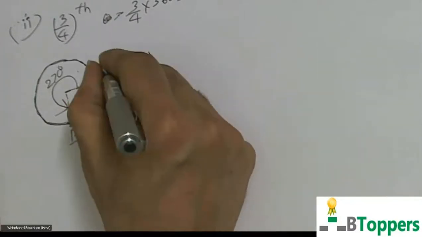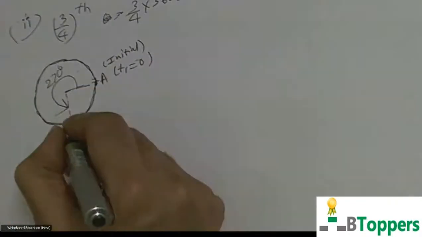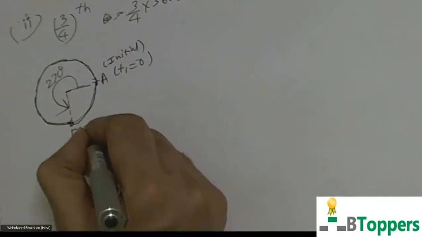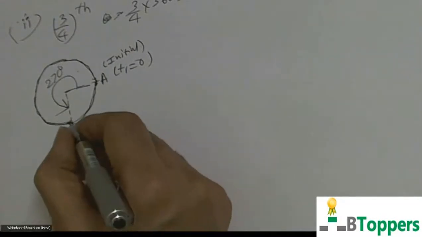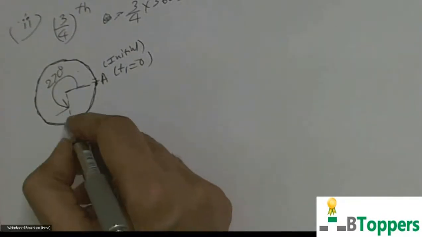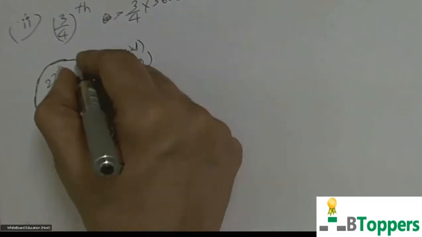So A is the initial position of the particle and B is the final position of the particle during the time interval when it completes 3/4 of the revolution.